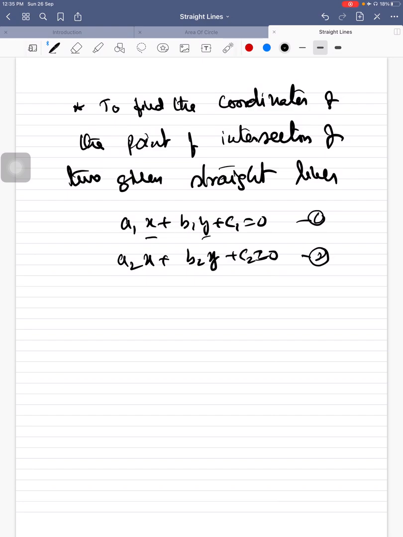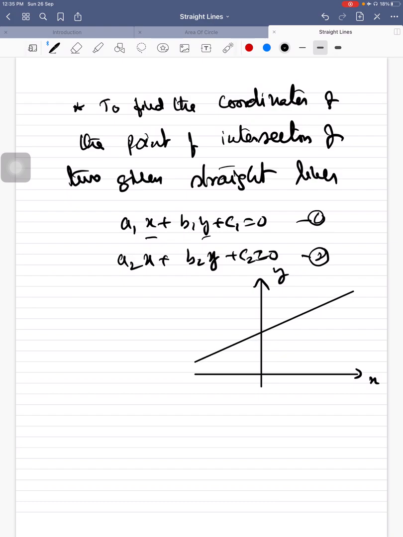Now let's try to solve for the point of intersection of the two lines. This is coordinate geometry, so this is the graph.